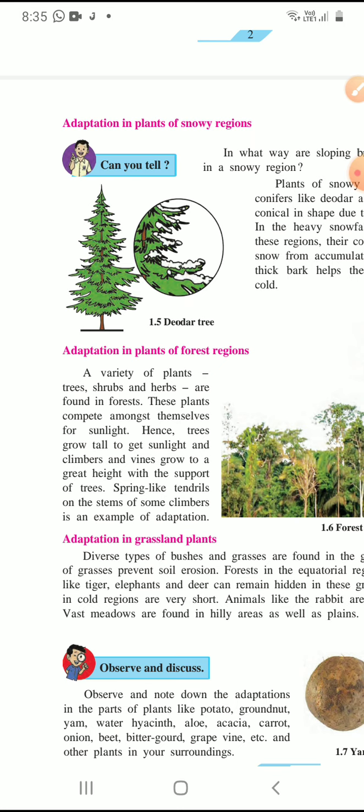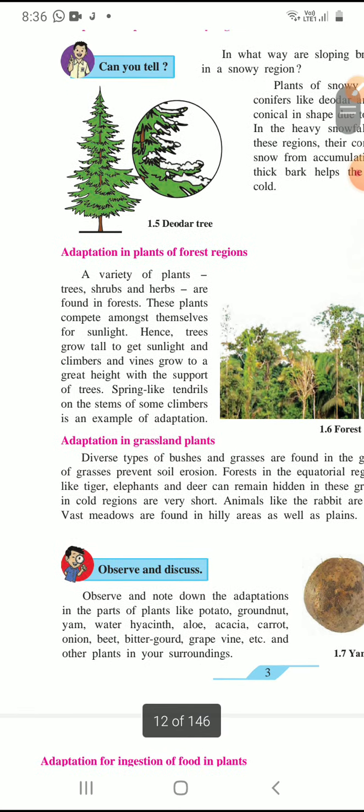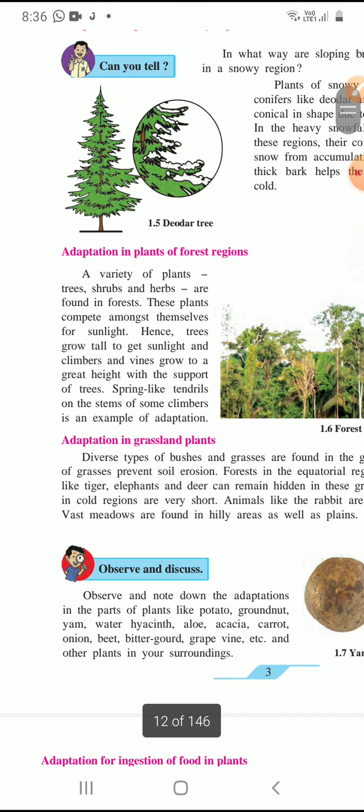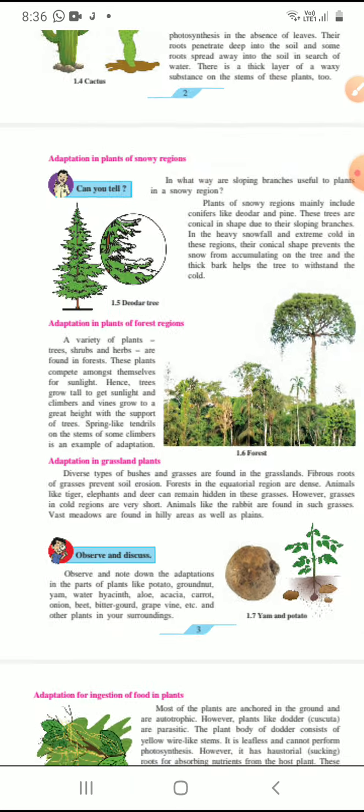Hence, trees grow tall to get sunlight, and climbers and vines grow to a great height with the support of trees. Spring-like tendrils on the stems of some climbers are an example of adaptation.